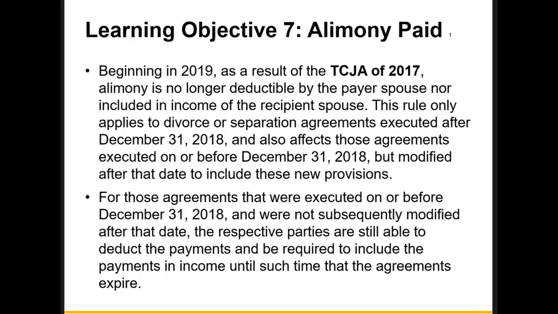Okay, so if you're divorced and had an agreement prior to 2018, and you haven't made substantial changes to it, you can still deduct. There's still a deduction involved. But if it gets majorly changed, or you didn't enter into an agreement until after 2018, then it's not deductible, not included in income, and it's not considered for tax purposes.